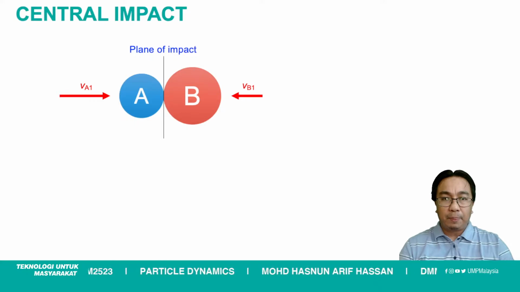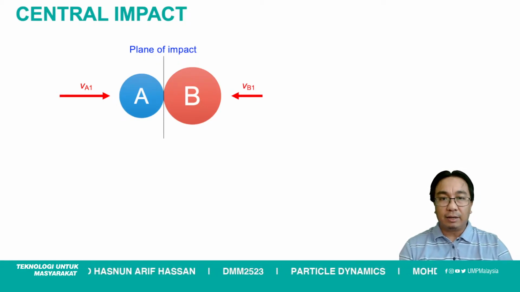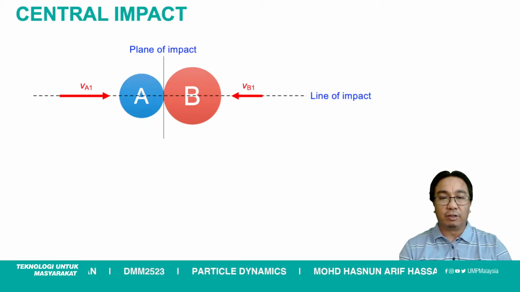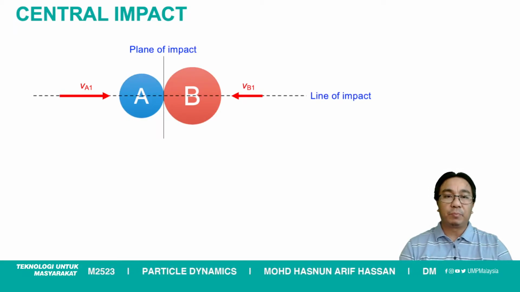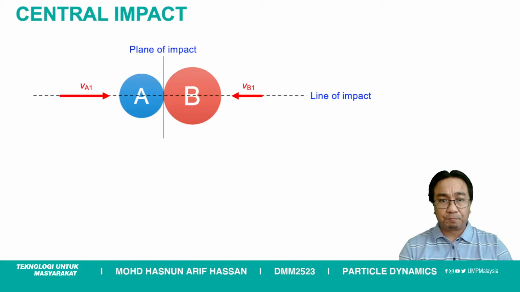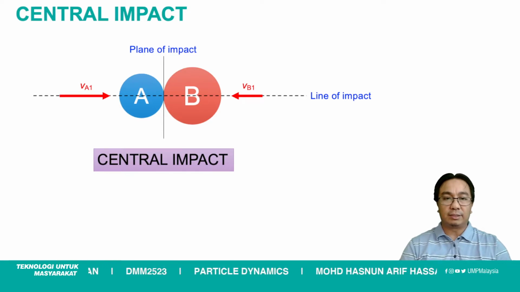The contact point, if we draw a line, will be called the plane of impact. And if we draw a line passing through the center of gravity of both particles, then this is called the line of impact. So this is known as central impact, where two bodies collide with each other in this manner.